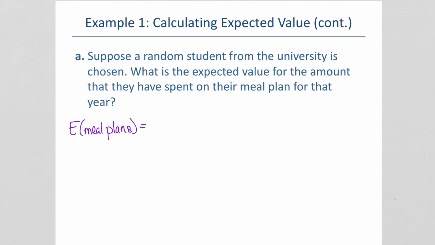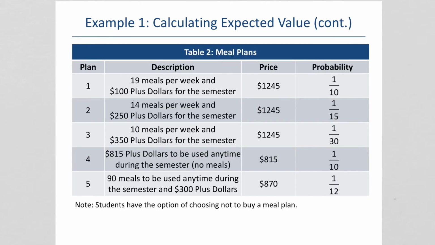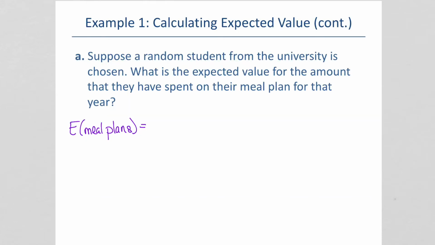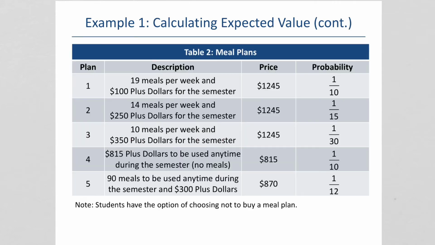So, we take the probability times the price for each one. So for the first one, the probability that they get the first plan is 1 in 10, and its price is $12.45. Then we add that to the probability that they get the second plan, 1 in 15, times the price, also $12.45.